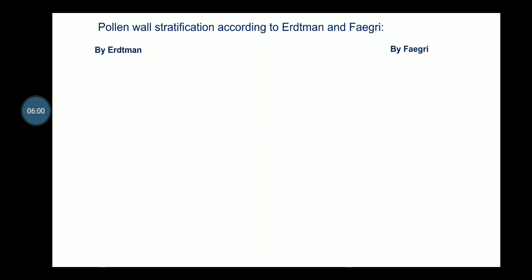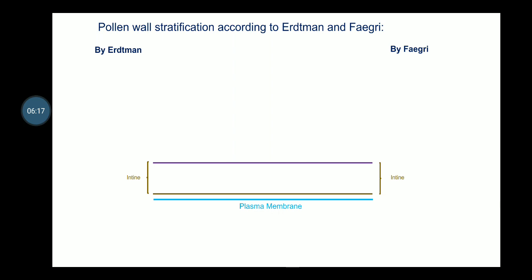Let's see the stratification of the pollen wall in two different ways. That is the innermost layer, or plasma membrane, of a pollen grain. Outside the plasma membrane there is the inner wall, that is the intine of the pollen grain.